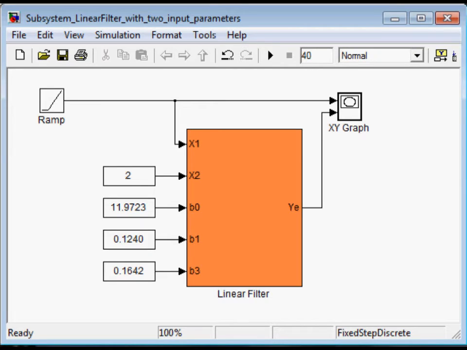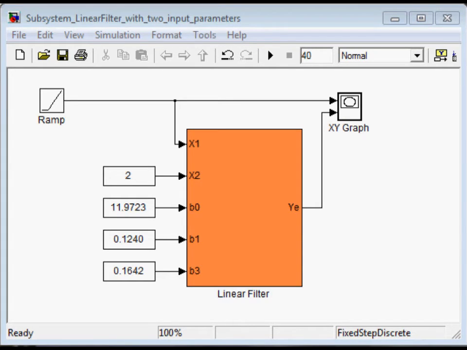This is now our estimation model with linear regression. We have two inputs, wind and weight, and three coefficients. The optimal beta coefficients are already calculated and fed into the function block.